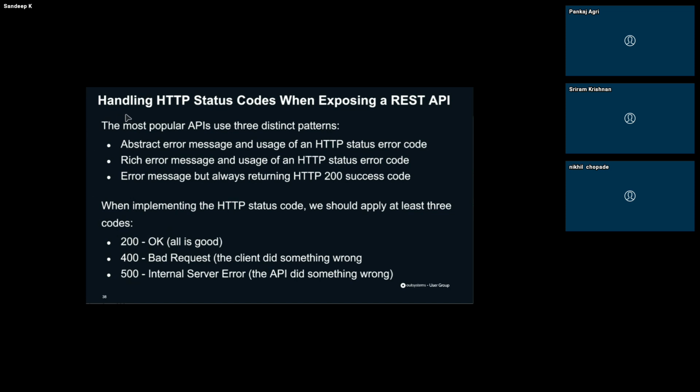When you are handling these HTTP status codes and exposing an API, the most popular APIs use three distinct parameter patterns that abstract the error message, as we saw in the previous slides. You can add rich error messages to the message it already has, and you can also pass the error message along with the 200 status code.